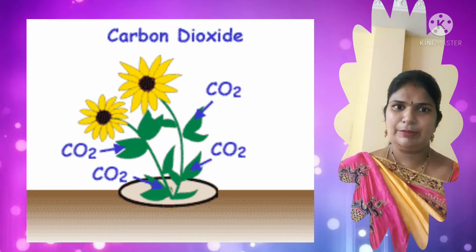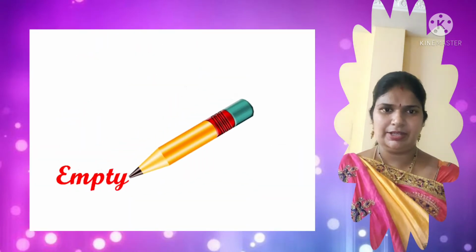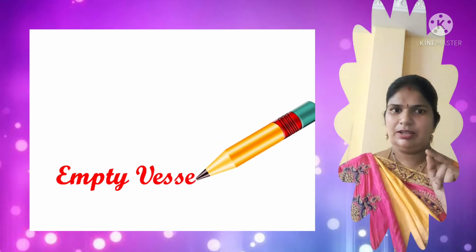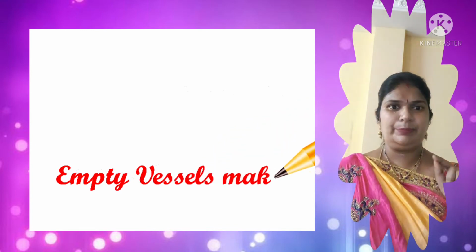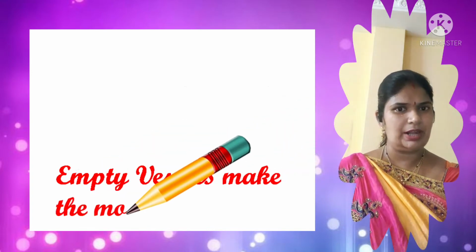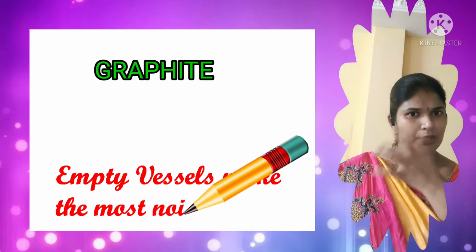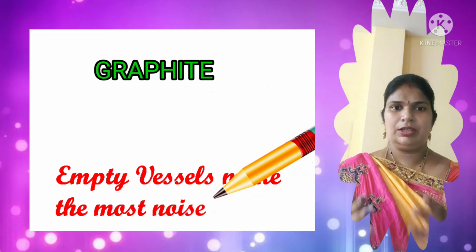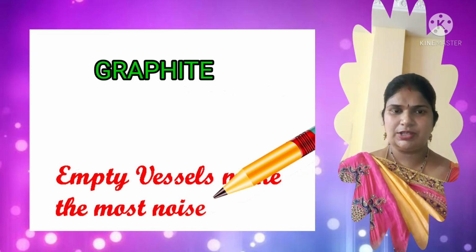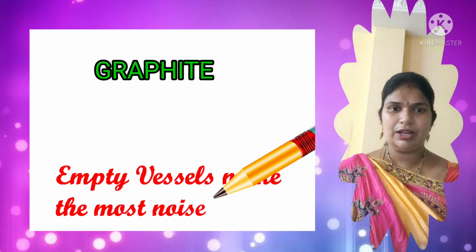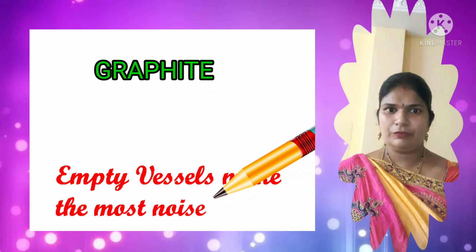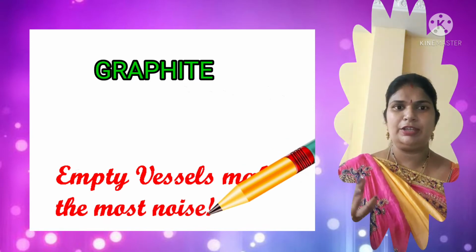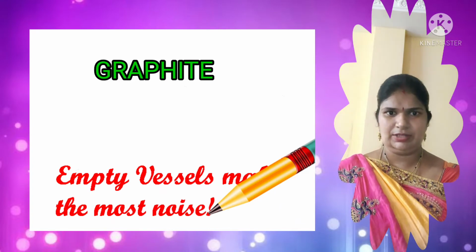In the same manner, we have a pencil lead, and that pencil lead is made up of graphite. So all these, graphite or oxygen or gold, will come under the category of elements called either metals or non-metals.